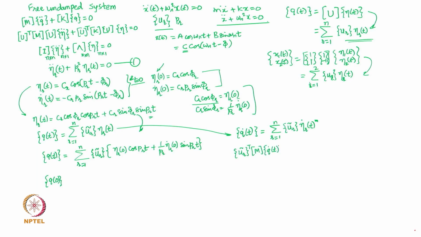On the left side, q dot(t) is multiplied by the product of these two quantities, and the same product will be on the right hand side, ur transpose m, and then you have this summation. Now you will wonder, why am I doing this? Okay, you will realize the trick.